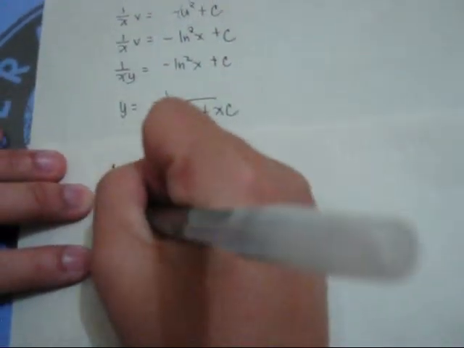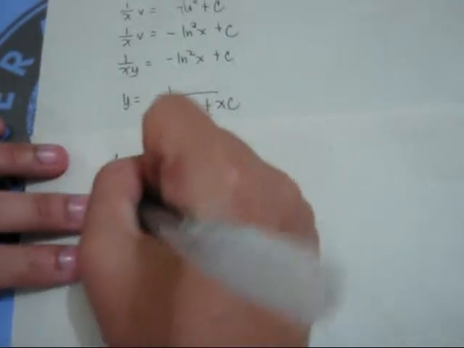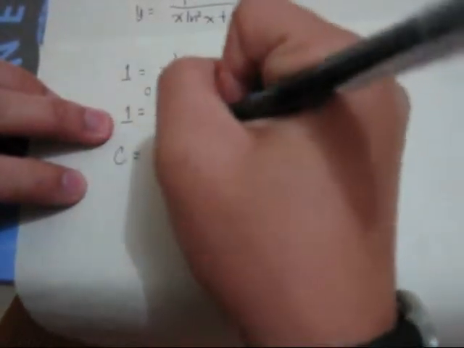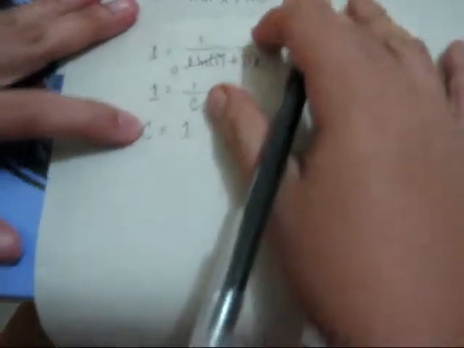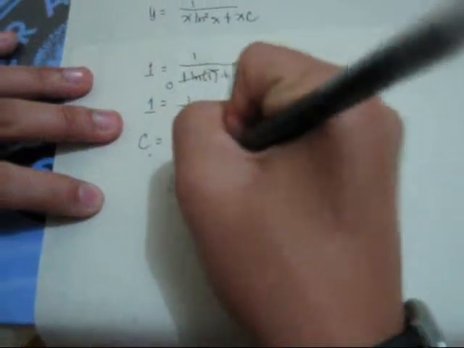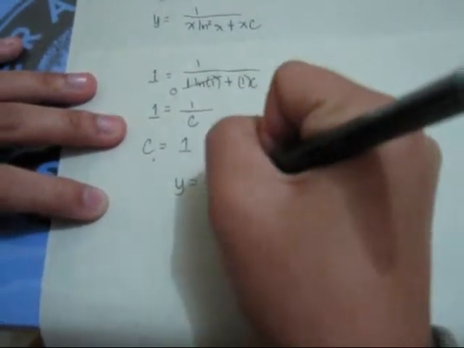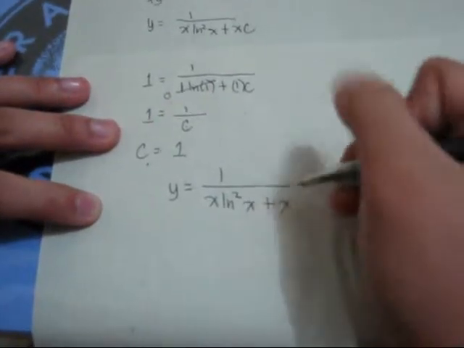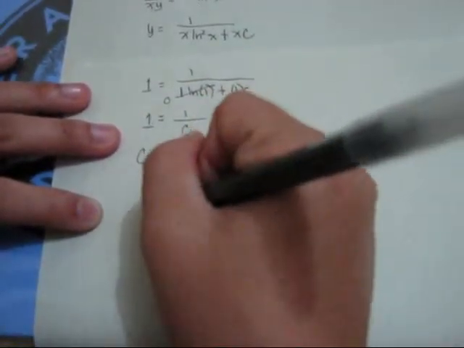Ln of 1 is 0, so 1 equals 1 over c. So c is just equal to 1. Plugging this in, we get y equals 1 over x ln squared x plus x. So this is the final answer.